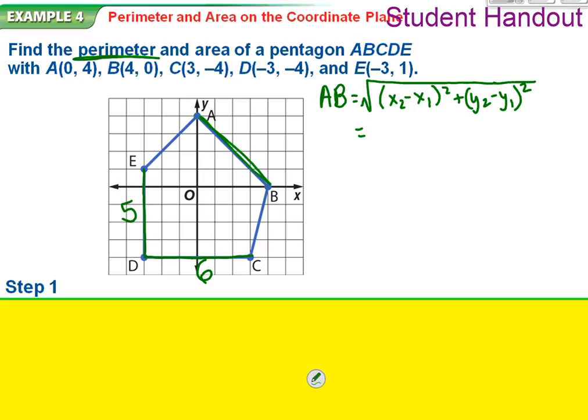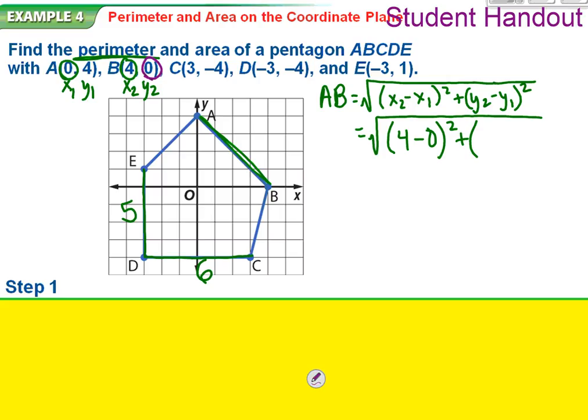For AB, if we call A x1 and y1, and B x2 and y2, then the length from A to B is the square root of (x2, which is 4, minus x1, which is 0) squared, plus (y2, which is 0, minus y1, which is 4) squared.